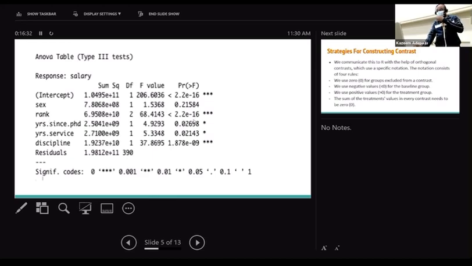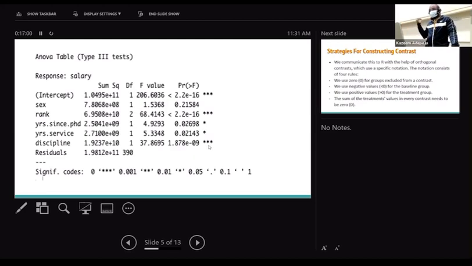And if rank was significant, of course, we needed to construct a contrast, to do what I call further investigation. It is not only rank that is significant, the years since PhD is significant, years in service is significant, and discipline is significant as well.